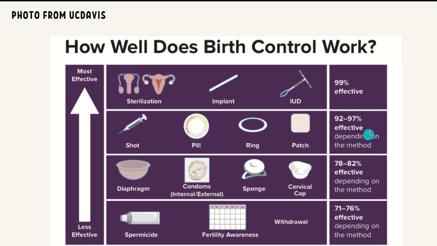Then at 92 to 97% effective, you have the patch, the ring, the pill, and the shot. Then at 99% effective, you have sterilization. This would mean tying the tubes, or having an implant, or getting an IUD. The implant is something they put in the arm, I think. I don't necessarily remember.